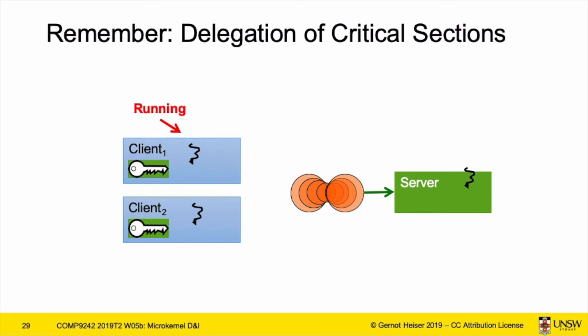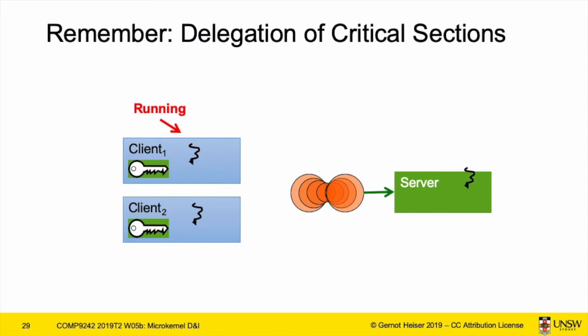So in particular, it hits this case of delegation. Yesterday I said that a good way to implement critical sections in real-time systems is by delegating, meaning putting the critical section into a server that's contacted by IPC that automatically guarantees mutual exclusion because the server is single-threaded and can only operate on behalf of one particular client at a time.